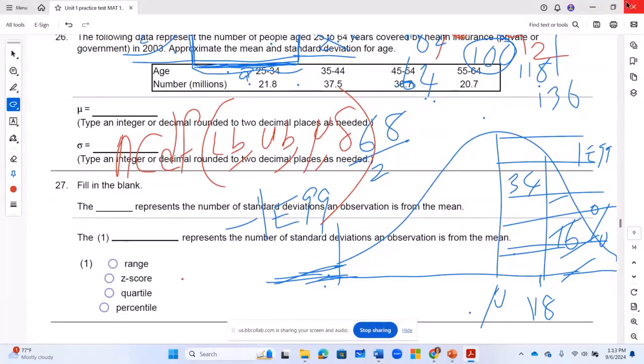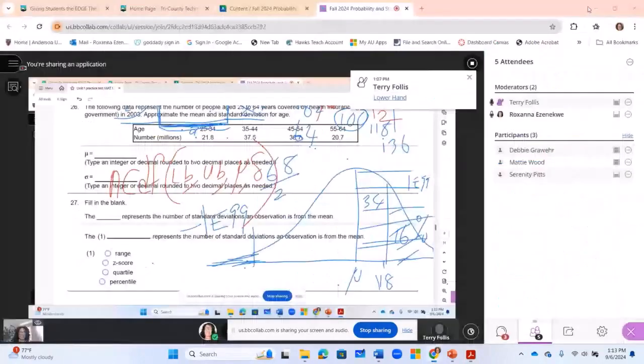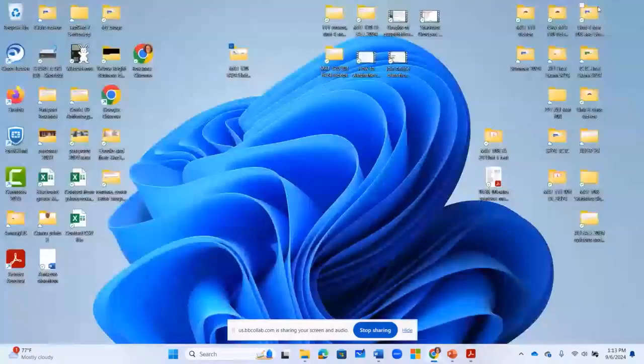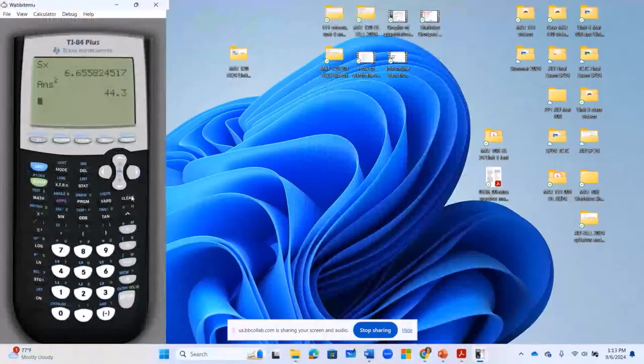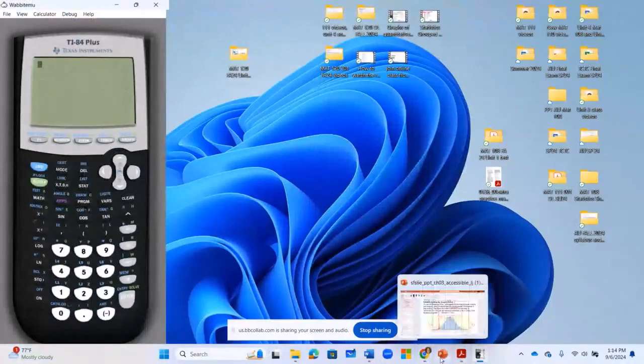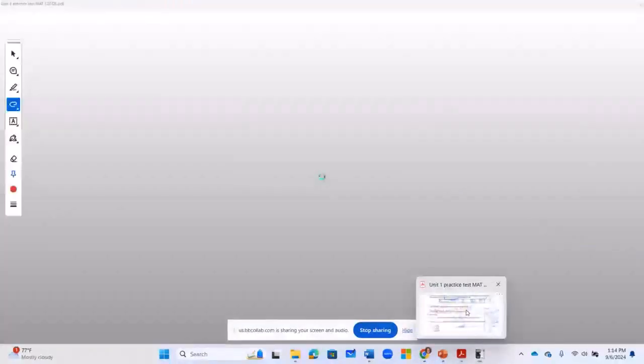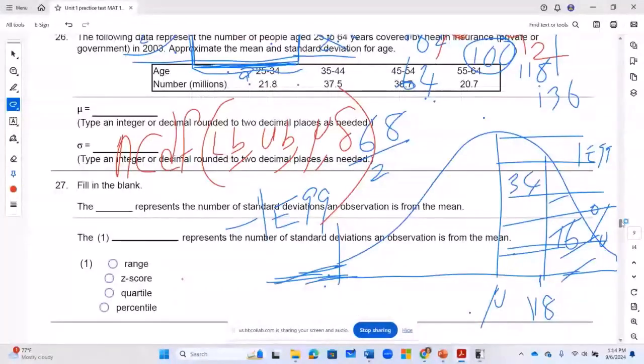So I'm just going to pull up my calculator and try to answer those questions again using my calculator. All right, so I am going to pull this up. And then we will go back to the question.